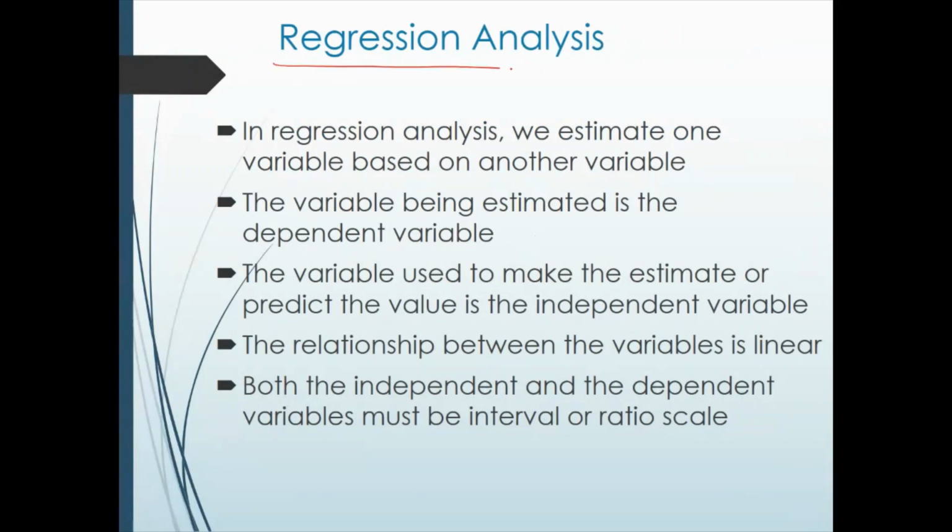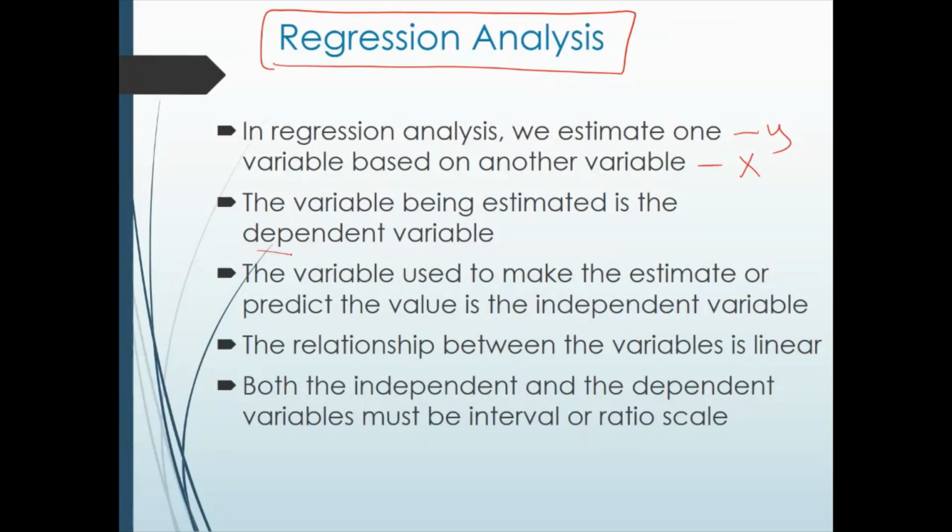Now, the third way to look at the same x and y is the regression analysis. They each tell you a different way to explain the information between x and y. In the regression analysis, we estimate one variable based on another one. So we estimate the y based on the x.